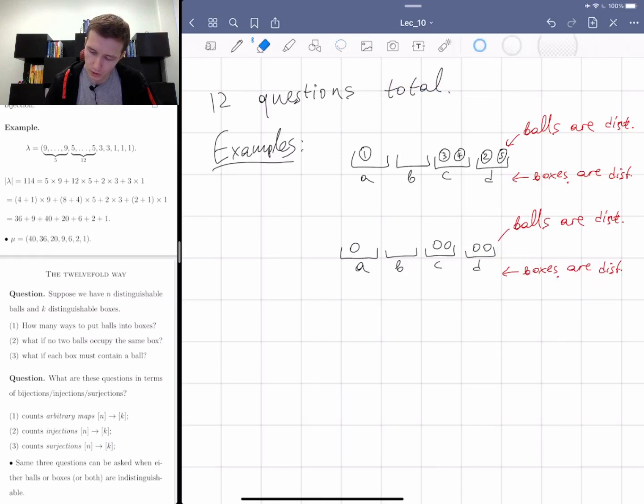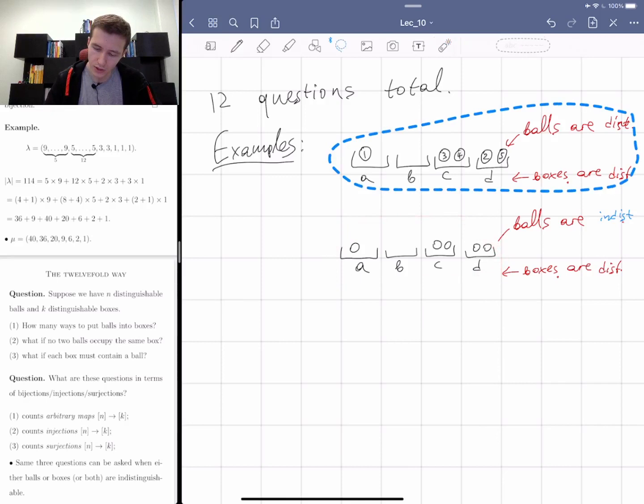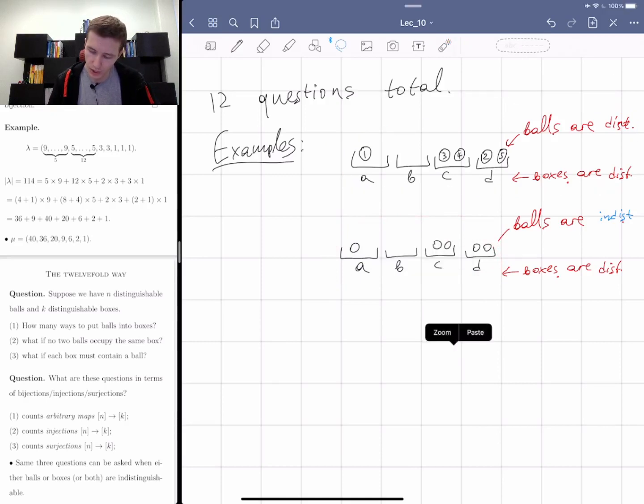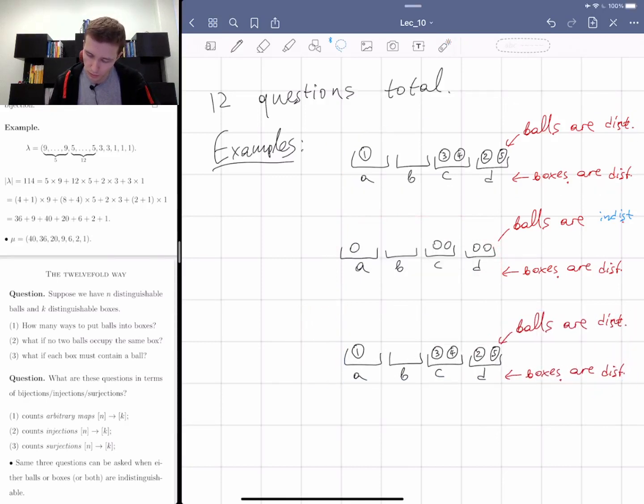The balls are now indistinguishable, and the boxes are still distinguishable, so you count pictures which look like this. Similarly, if you erase the labels of the boxes, you consider the boxes to be indistinguishable, so you can permute the boxes and the result would not change.